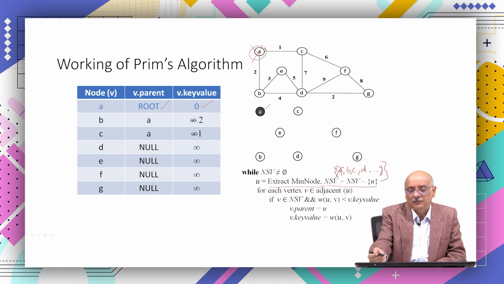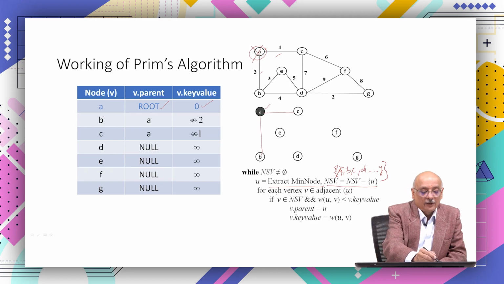So A to B and A to C are the only two edges you can find. The rest of the edges will not be there.